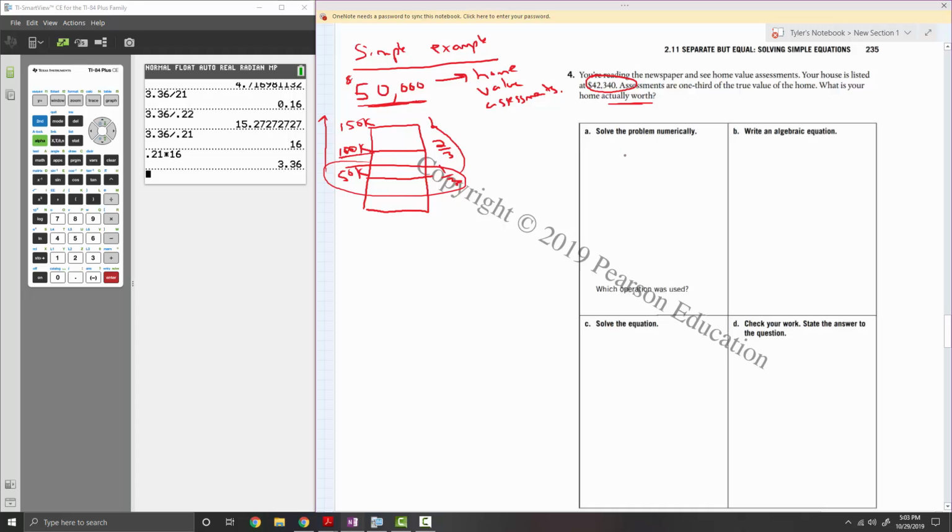So in terms of solving this numerically, now that we've thought this through about what to do, I can just take my home value assessment, which is $42,340, and multiply this times 3.